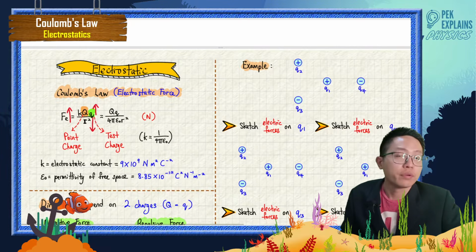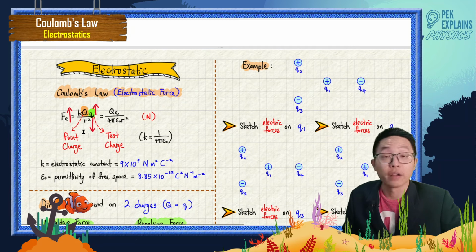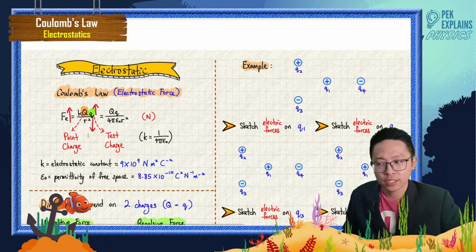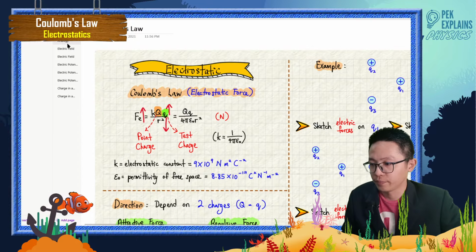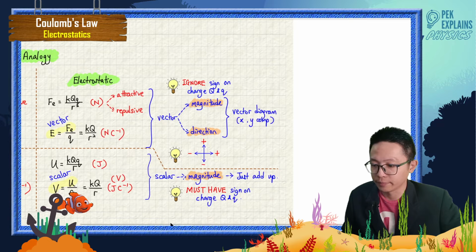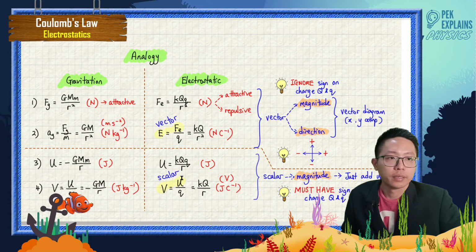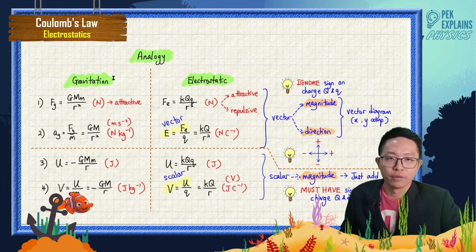If you still remember, in first semester you learned about gravitation. So we can draw an analogy between electrostatics and gravitation. Let me show you. There is a huge similarity between gravitation and electrostatics.